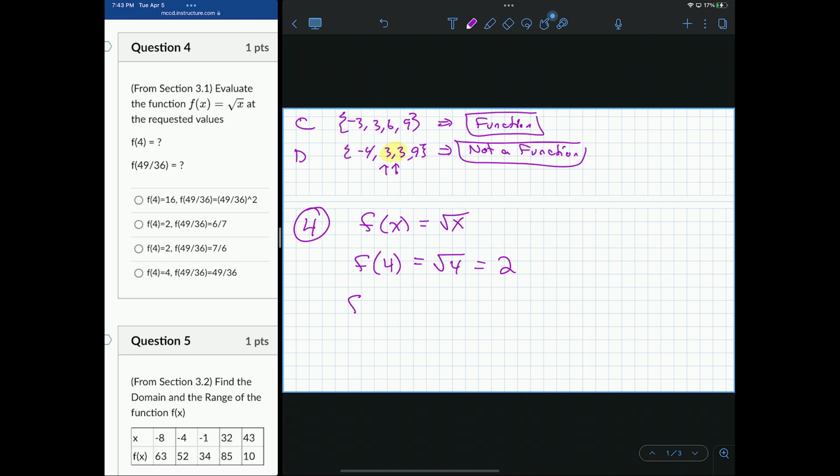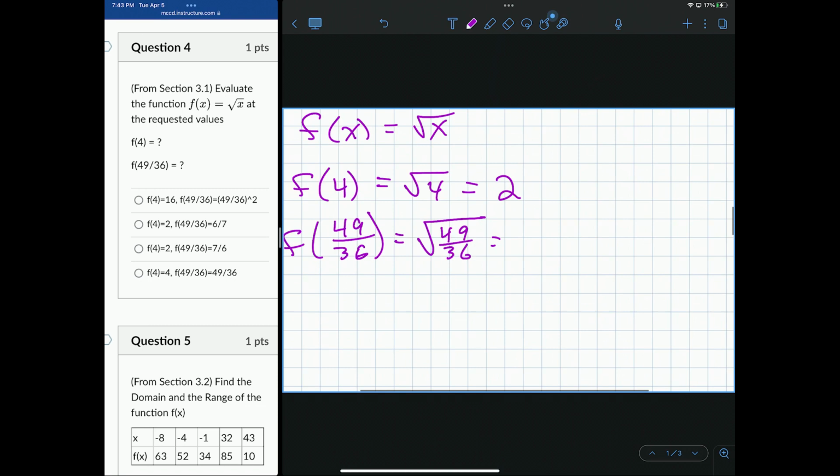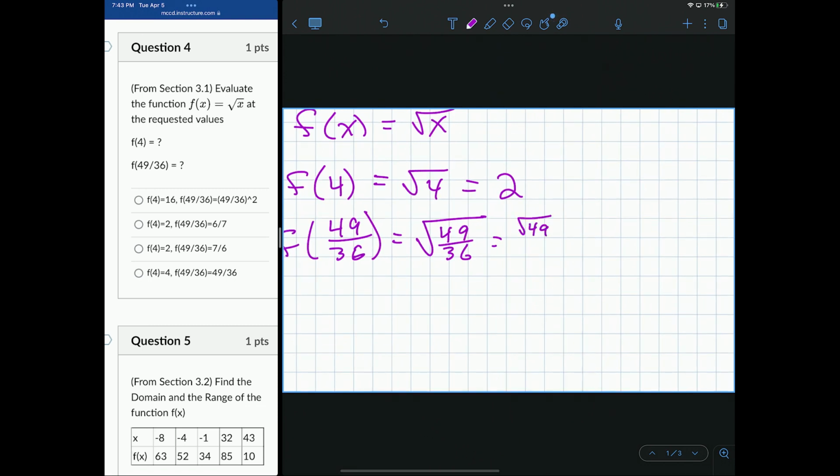And the other one is f of 49 over 36, which is the square root of 49 over 36. But you can do a square root like that as the square root of the top over the square root of the bottom. So 7 over 6. Just looking at these, I see that it is this option here. You have to be careful not to mix it up with the one right above it, which has a 6 over 7 instead.